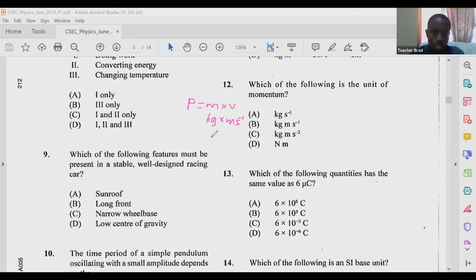So what we're looking for is kilogram meters per second. And I think we see that here at B as in boy. So the answer to this one is B as in boy, kilogram meters per second.